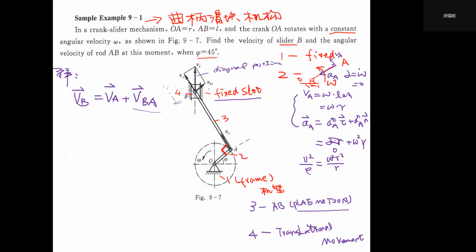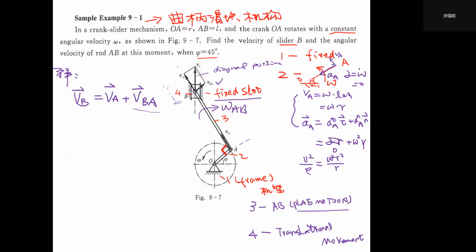So that's why. If we know VBA should be in this direction, that means, please follow me, omega AB will be in this CW direction. Why? You can use the method I have described many times. Once again, this time we prolong AB along the line, right?